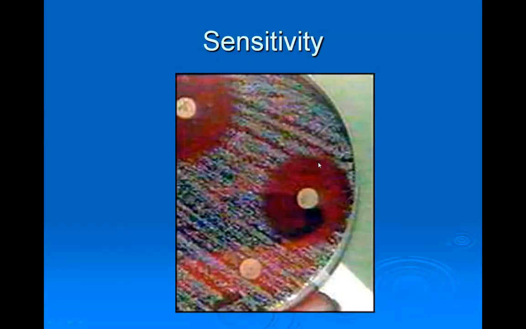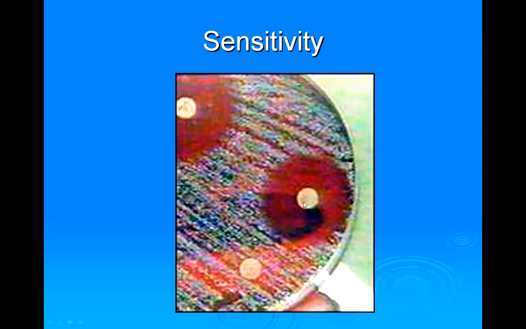With a sensitivity test, we grow out those organisms, so you can see where they've drug their wand across and grown out a specific organism. And then they dropped onto that petri dish, that collection dish, little antibiotic-soaked papers. And these little antibiotic-soaked papers then would be labeled so that you could see which antibiotic was this one.